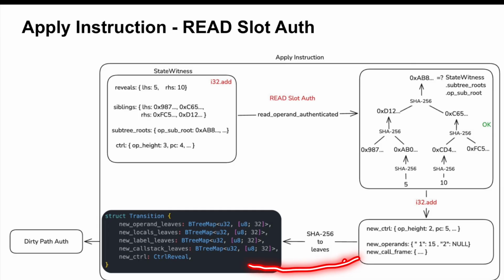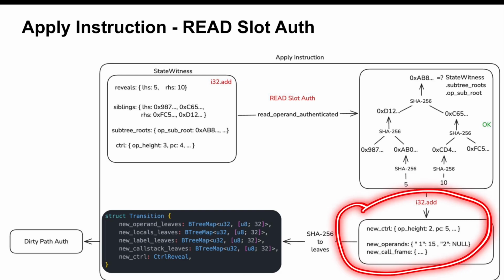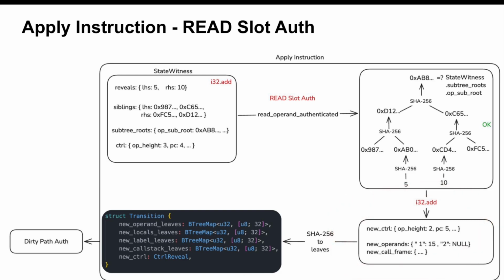Then we create this transition object in order to use in dirty path authentication. I will explain what that is. But basically, we keep track of what changed and where it changed in this transition object after this operation. Obviously, it's just the slot number and the leaf here. That's why it's like 32 byte. It's just SHA.